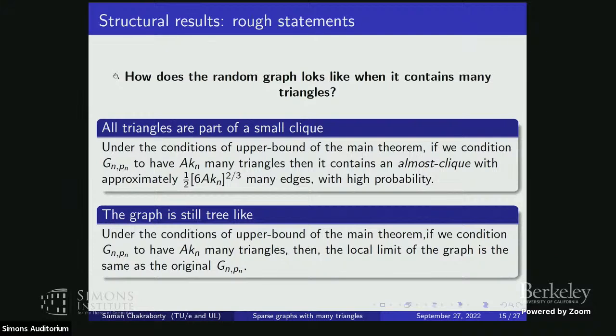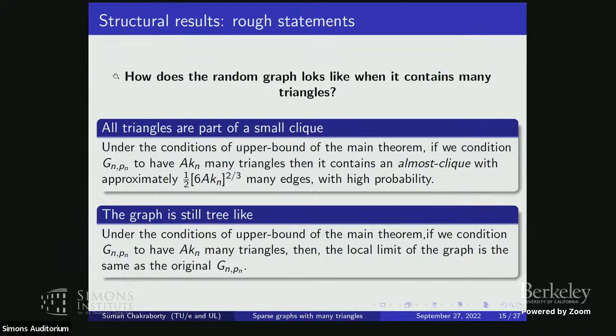So what we can prove is that when a graph contains a large number of triangles, there is an appropriate size clique. So all of them are contained in a clique, but we do not know whether it's actually a clique. What we could show is that this is an almost clique. What we mean by almost clique is a very dense subgraph, but many people in combinatorics know that a very dense subgraph might not contain a very large clique. But what we could show is that conditional on there being many triangles, there is a very dense subgraph, what we call an almost clique.